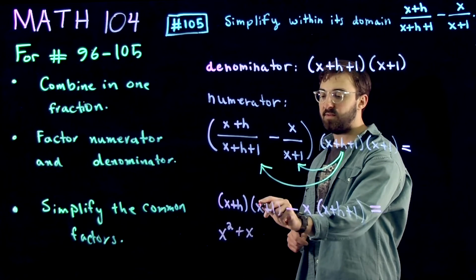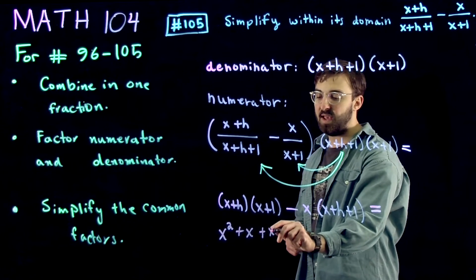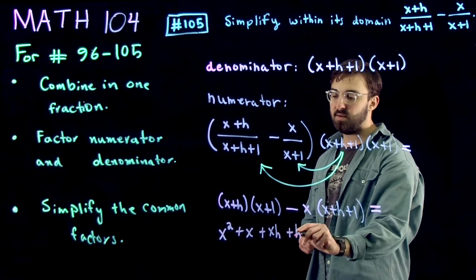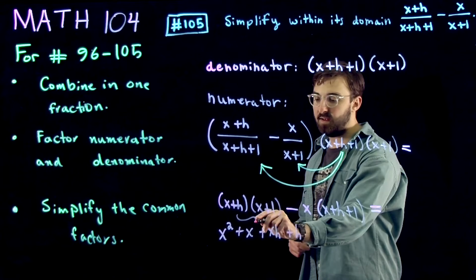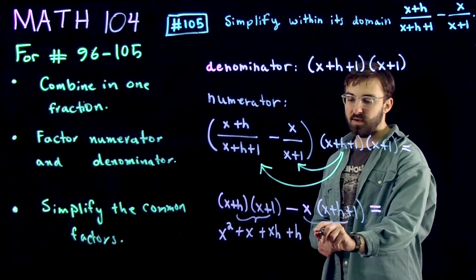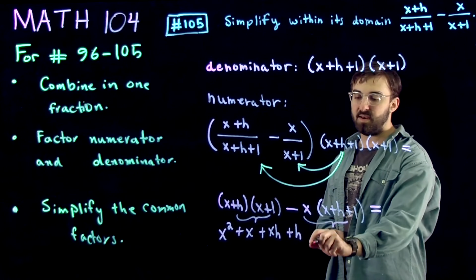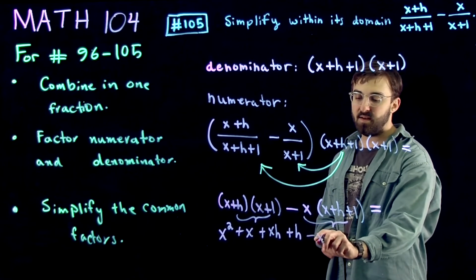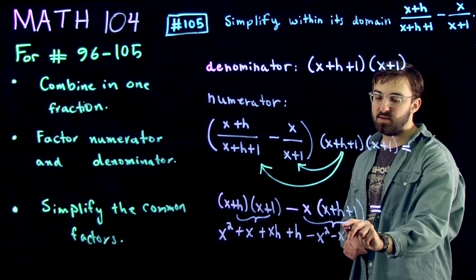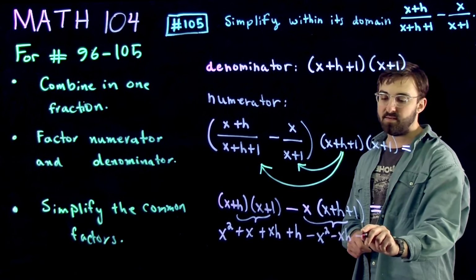The inner term gives us plus xh. And the last term gives us plus h. Now this other term is easier to deal with. You just distribute the minus x to each term. So we've got minus x squared, minus xh, and minus x.